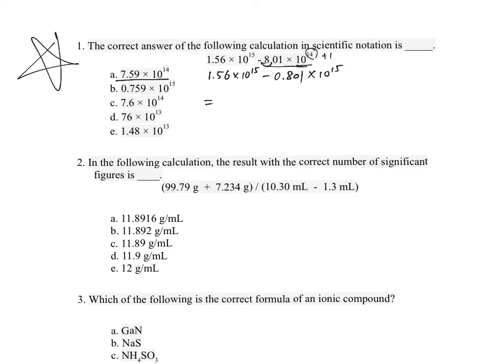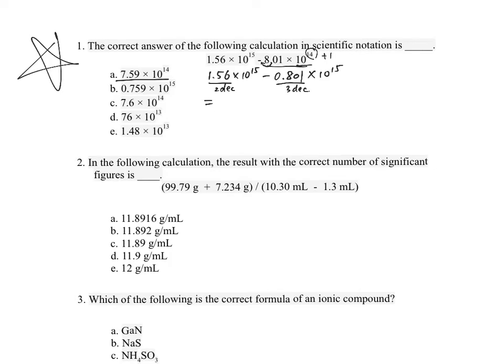And the deal here is that you're subtracting these two numbers. And for subtraction, what do we follow? Decimal place. That's 2 decimal places. That's 3 decimal places.